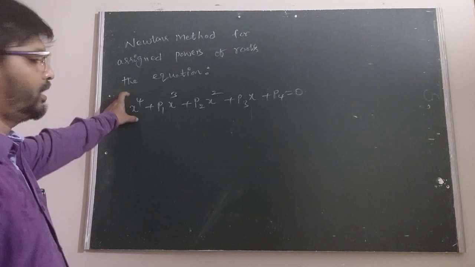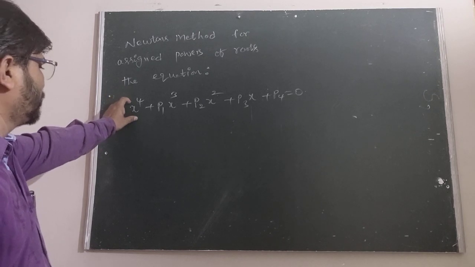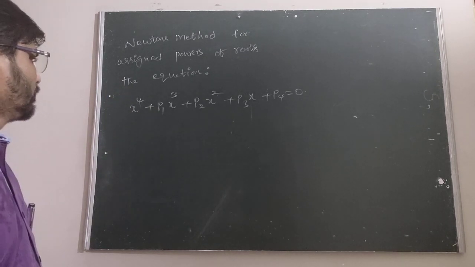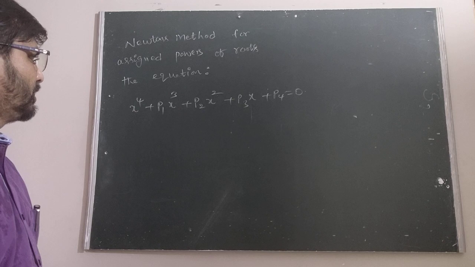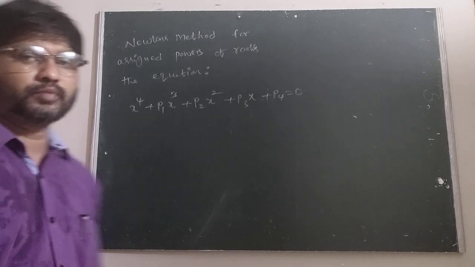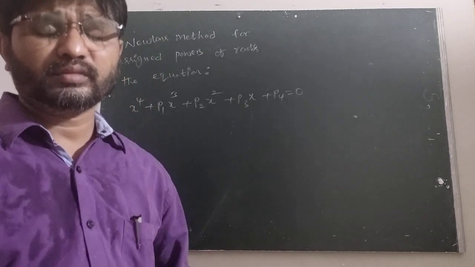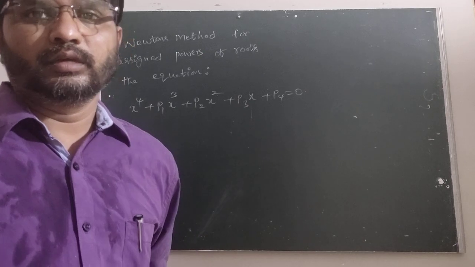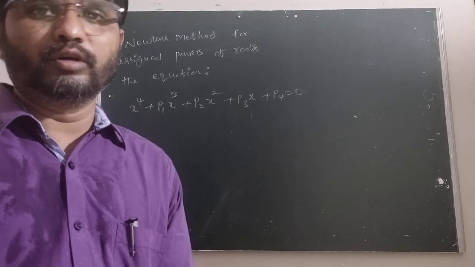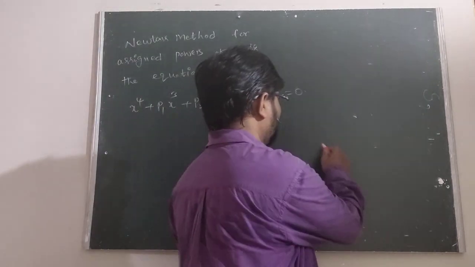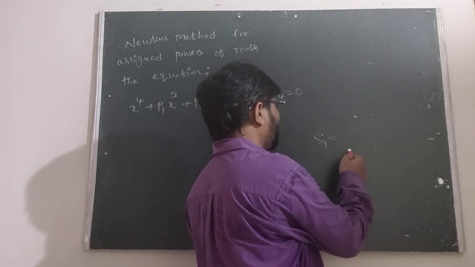Suppose we are taking x power 4 plus p1 x cube plus p2 x square plus p3 x plus p4 equal to 0. Previously we know that S1 means the sum of all the roots.